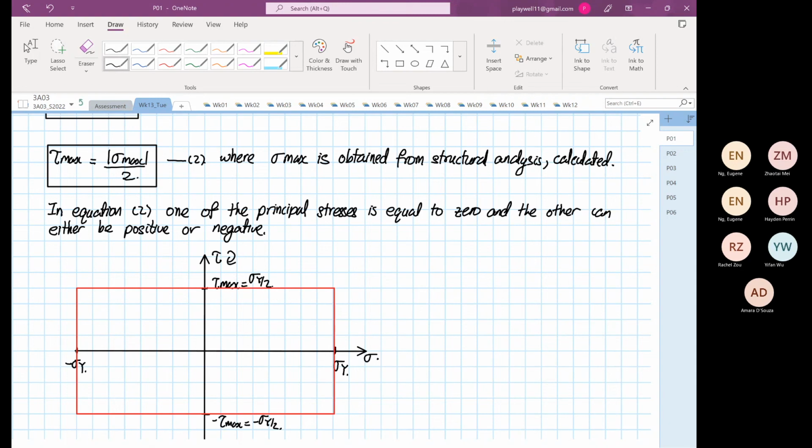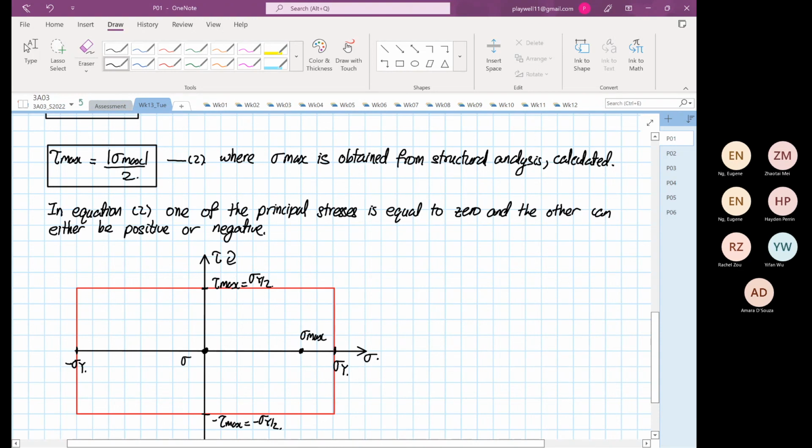Then for equation number 2, over here is our point, and over here this is our sigma max.